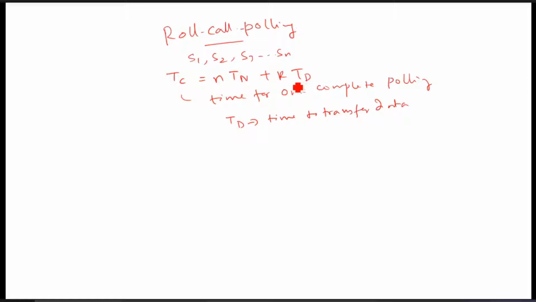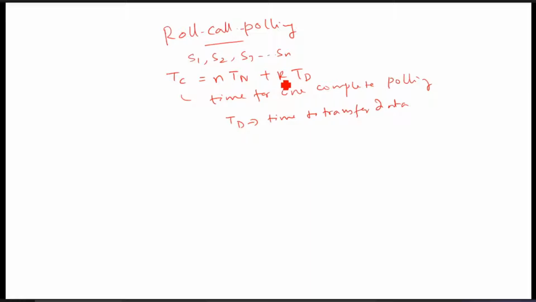Tn, we have just seen, is for polling a secondary, exclusive of data transfer. N is the total number of secondary stations, and K is something different. K is the number of secondary stations that have data to send during the cycle.